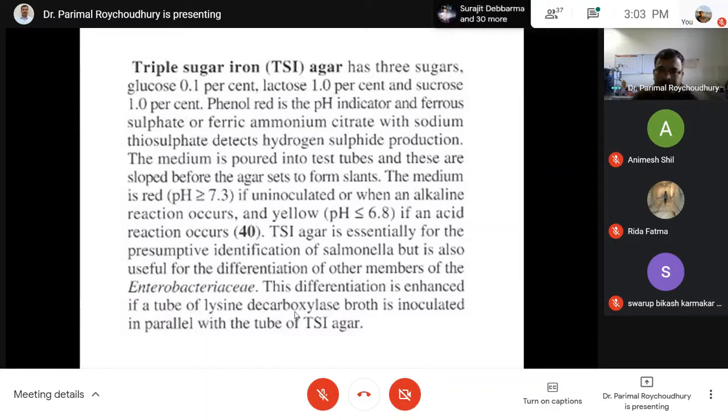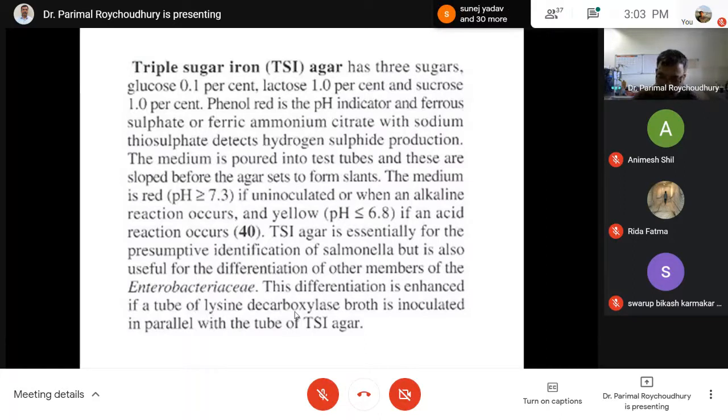Three sugars, glucose, lactose, and sucrose, are present in this medium at different concentrations. Then there are many other compounds, like phenol red, the indicator, and ferric ammonium citrate and sodium thiosulfate for detection of hydrogen sulfide production inside this tube.